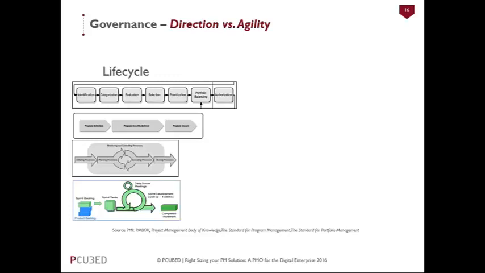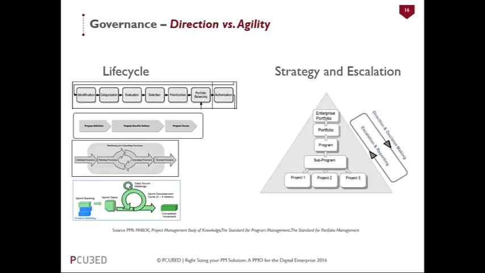The other thing that you would need to assess when you're talking about governance is the strategy and escalation process. In other words, how do you go about taking the strategic direction from management and pushing that down to the various layers or levels in the organization to provide them that direction?